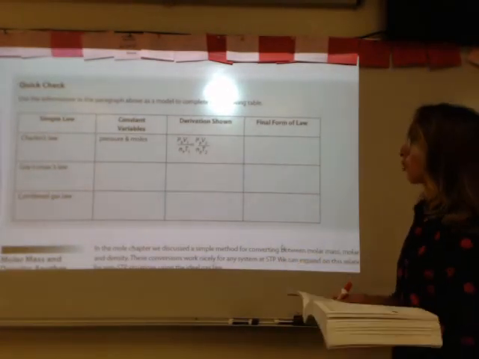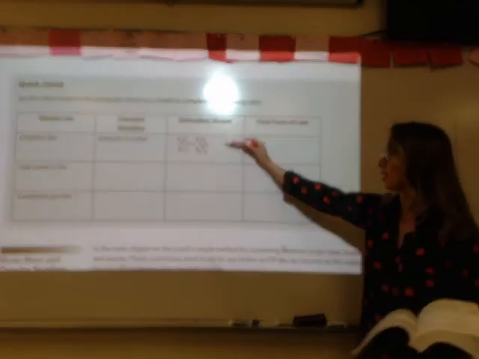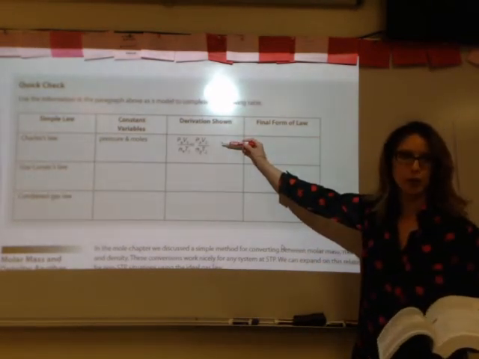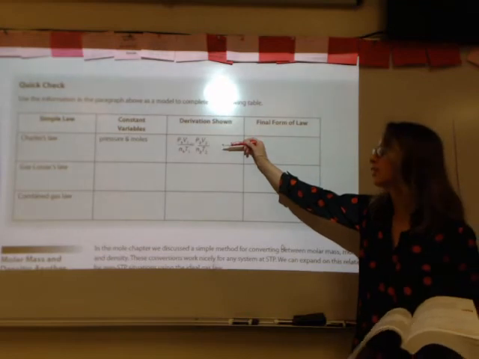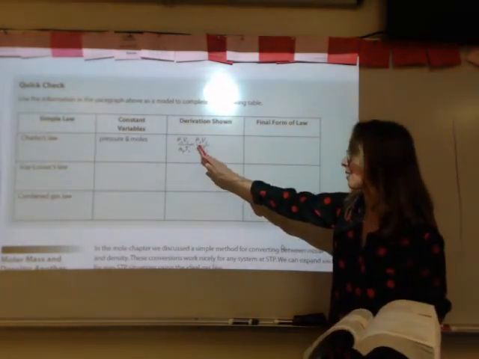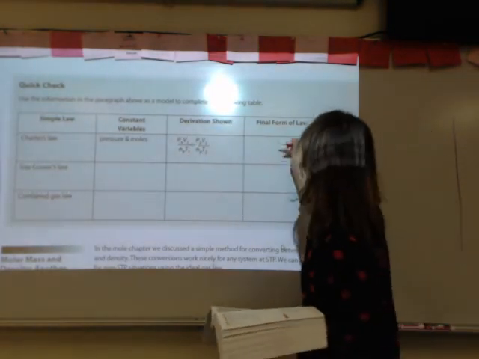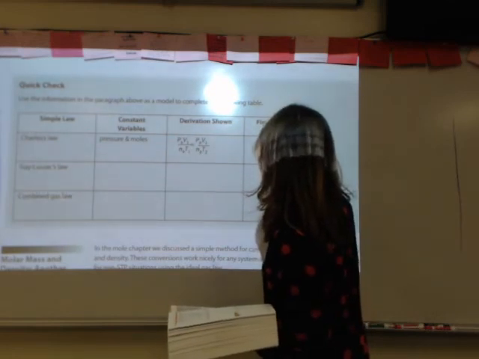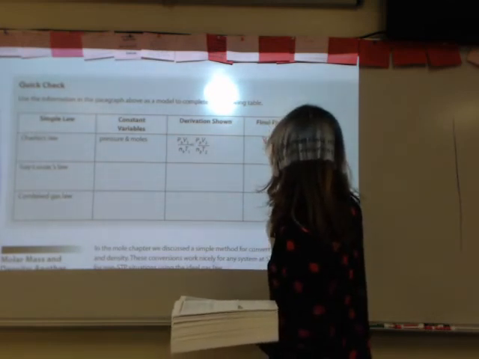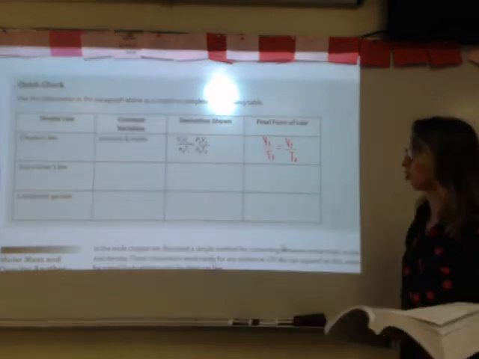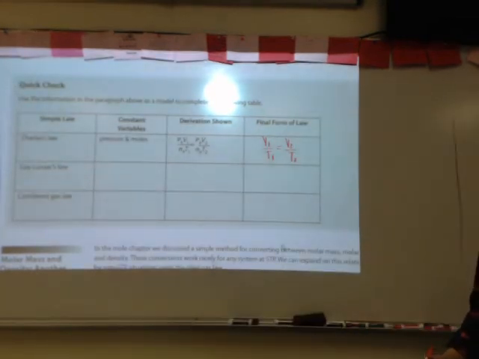For Charles's law, pressure and moles are constant. So if I include all of the variables in the equation P, V, N, and T, and I cancel out P and N because those are being held constant, the final form of the law is V1 over T1 equals V2 over T2. So that's Charles's law.